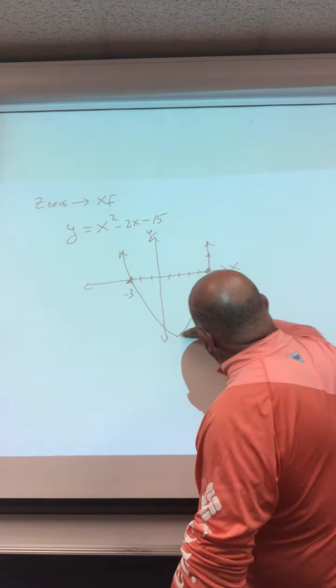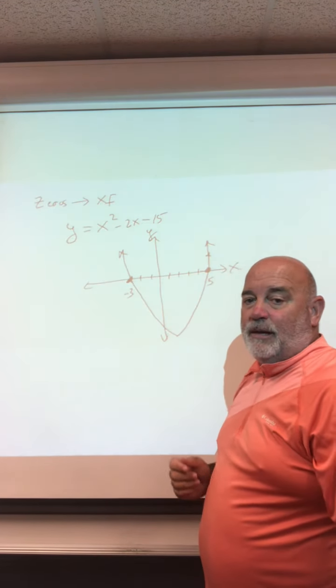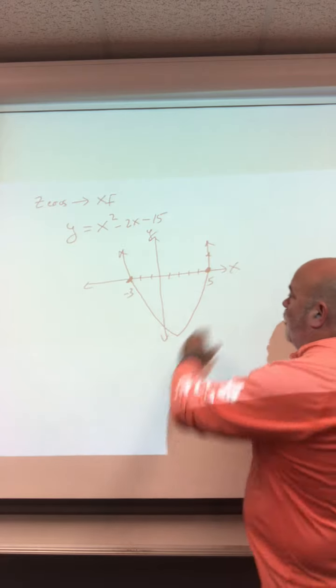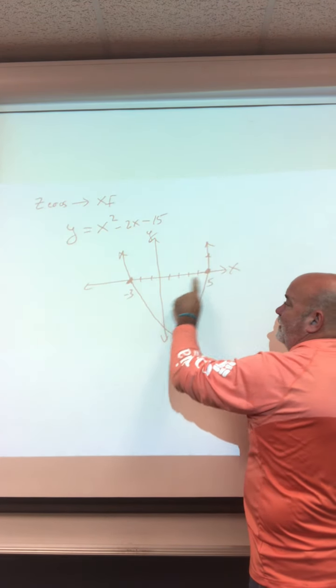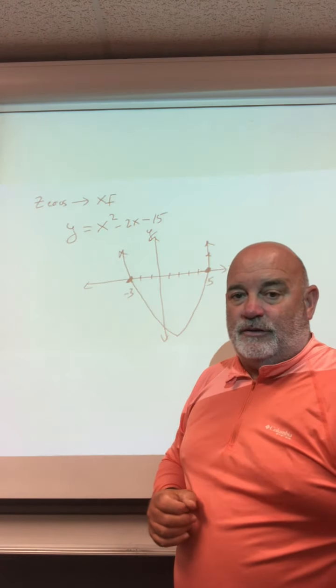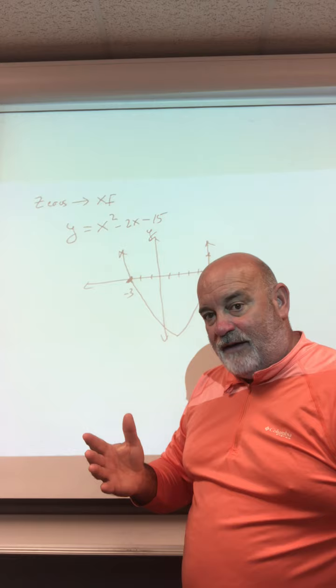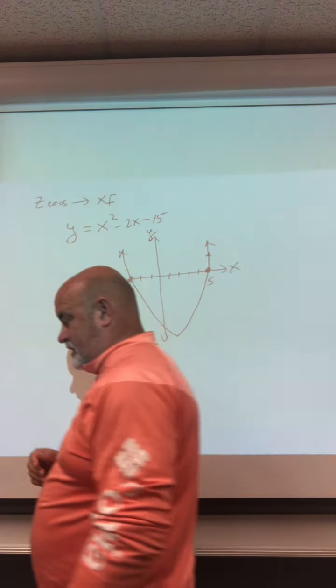Here's what the graph of this looks like. It is a quadratic function. It's a U-shape. Look at where it crosses the x-axis. At 5 and at negative 3. What were the two zeros we just found? 5 and negative 3. This is what else I want you to see now.